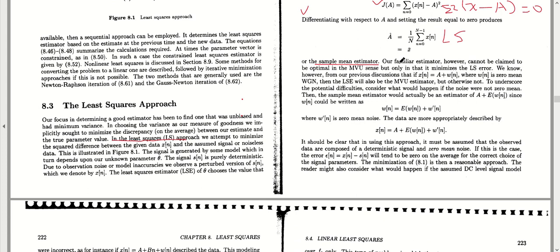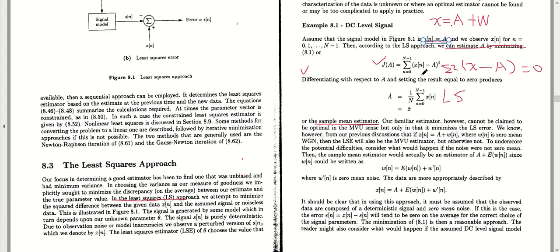However, it cannot be claimed to be optimal in the minimum variance unbiased sense, but only in that it minimizes the least squares error. We know from our previous discussions that if xn is equal to A plus w, where w is zero mean, and I want to go back a bit. Have we talked about the probability of this noise?